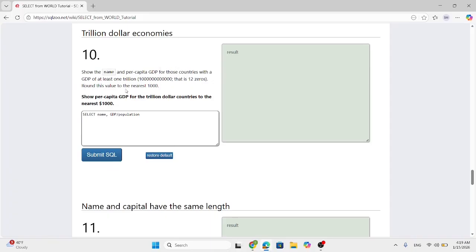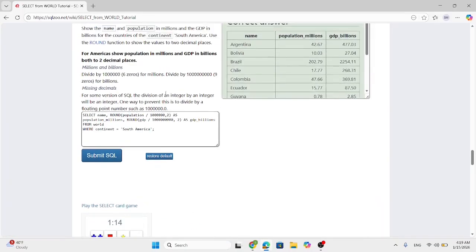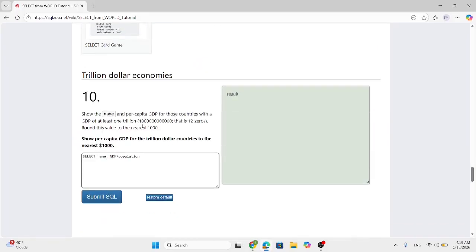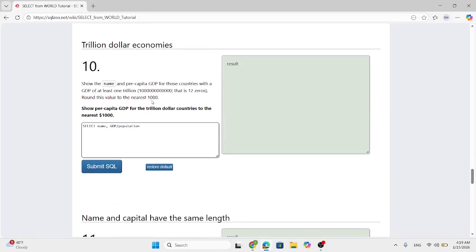Never confuse it. If it says use the round function to show the values in 2 decimal places, it means we need to write 2 like this. But when it says round this value to the nearest 1,000, we need to write -3. I mean, not in here, in general -3.